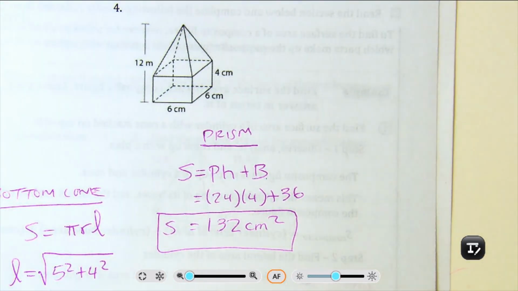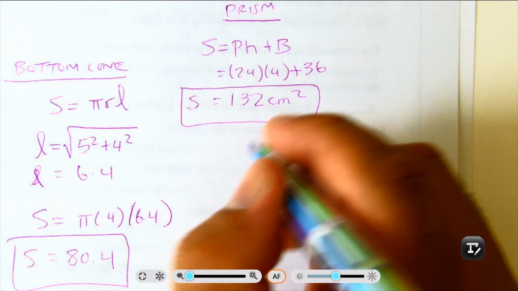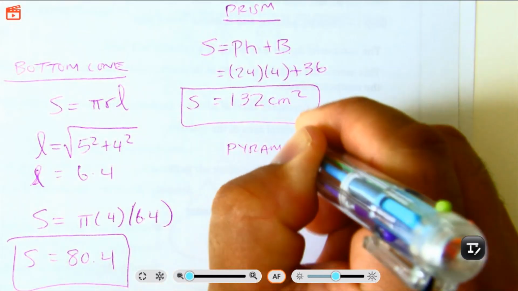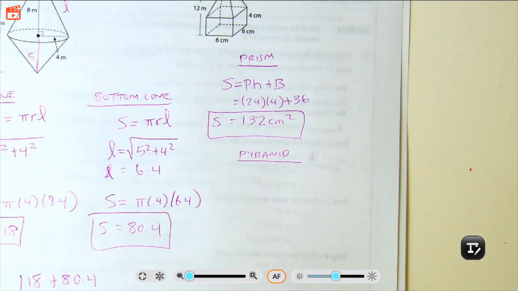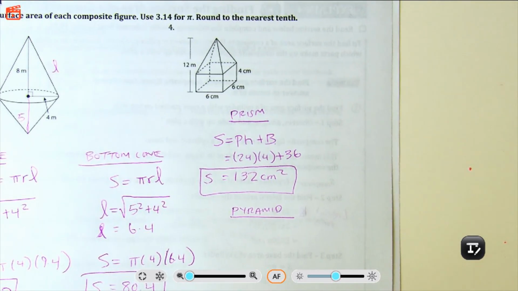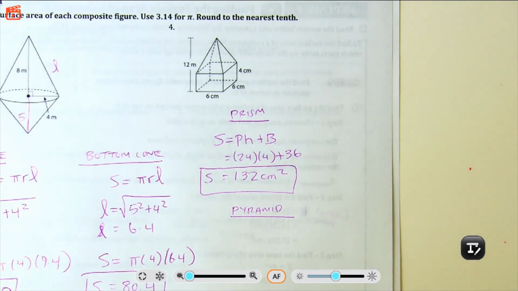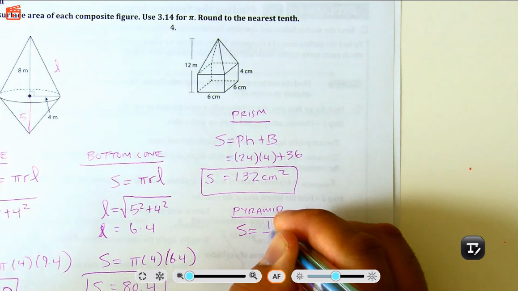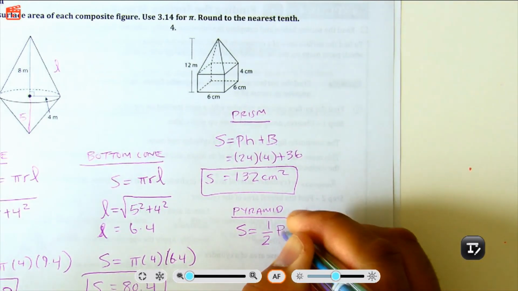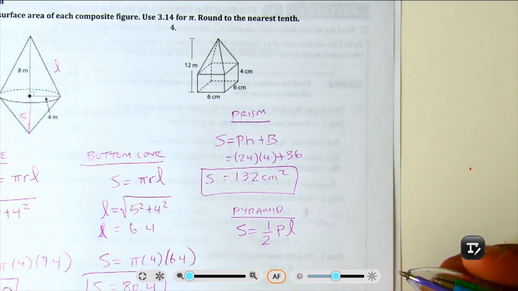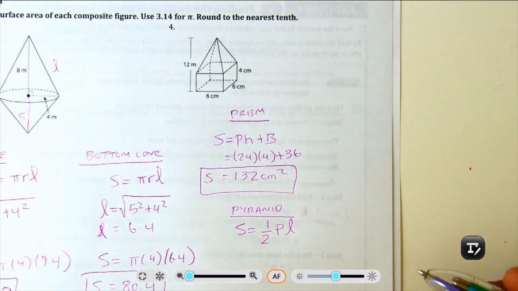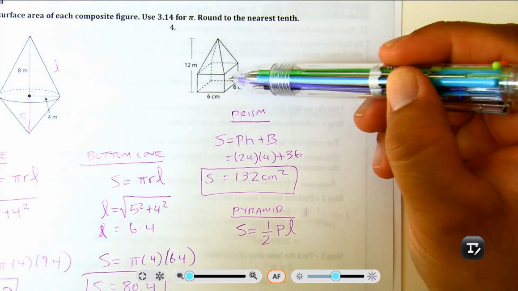Now for the pyramid. Again, we don't need the base of the pyramid. So the formula that we're going to be using is 1/2 the perimeter of the base times the slant height. Now we don't have the slant height for this problem, so we actually have to find the slant height. Now, what we need to know is what is the altitude of the pyramid.